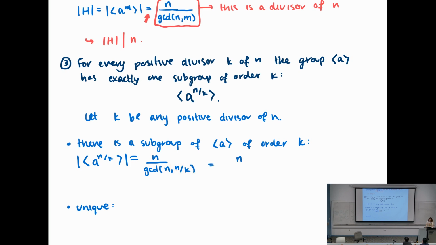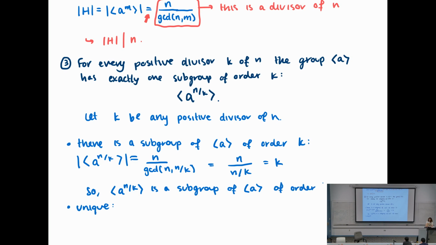So this gives me n divided by n over k, which is just k. So the subgroup generated by a to the n over k is a subgroup of the group generated by a of order k.